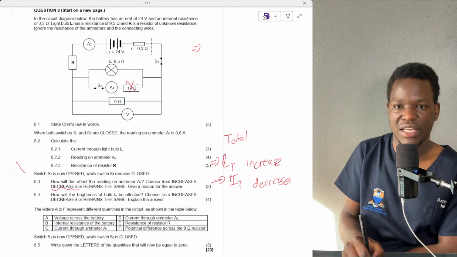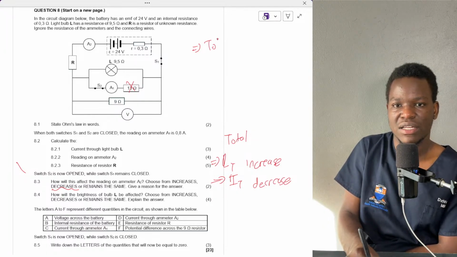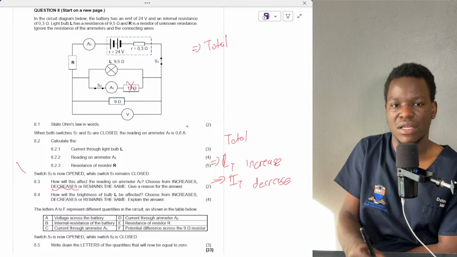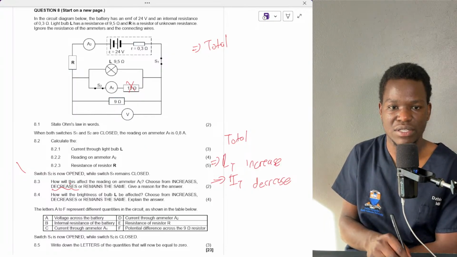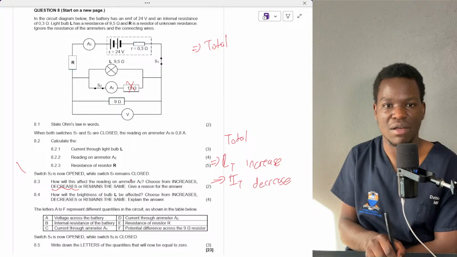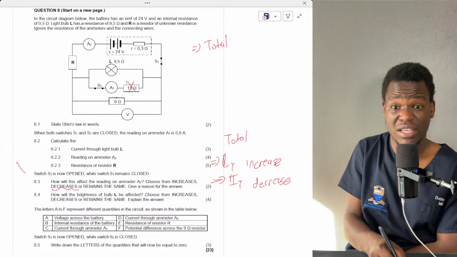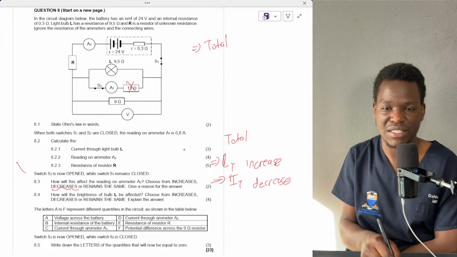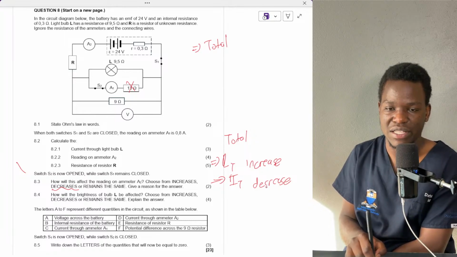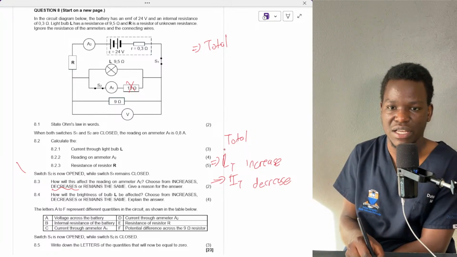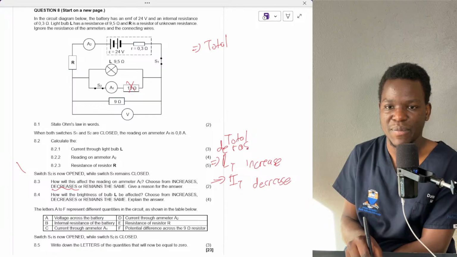So we start here. The total. So here, I had said they asked how will this affect the reading of ammeter A2 here. As I said, in ammeter A2 the R total is going to increase, the I total is going to decrease here. So I had said decreased here.